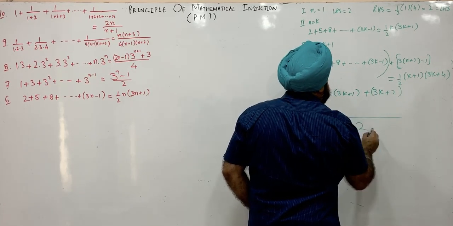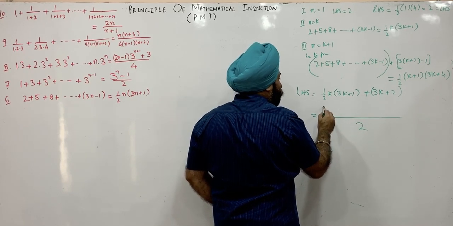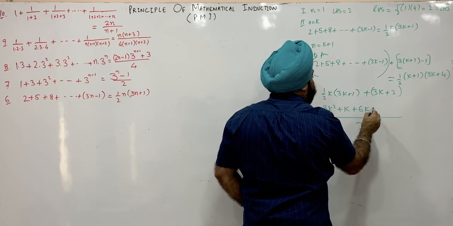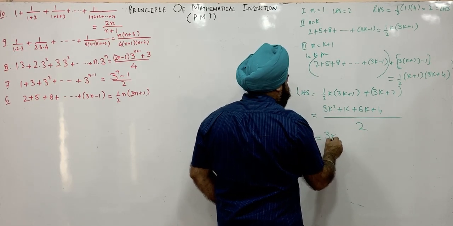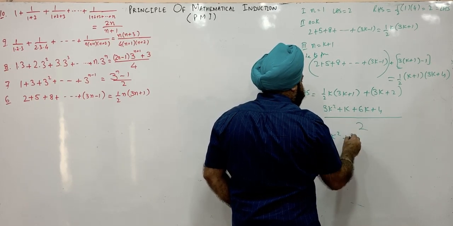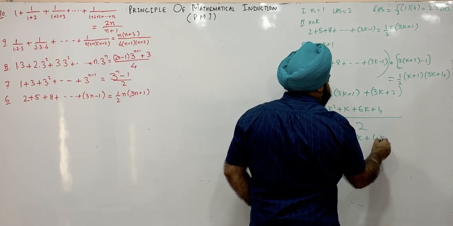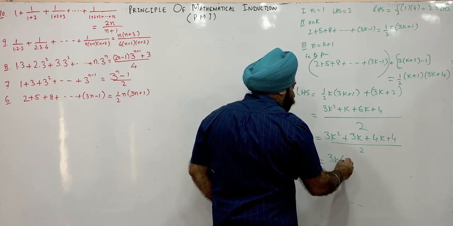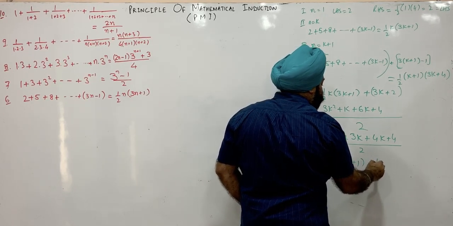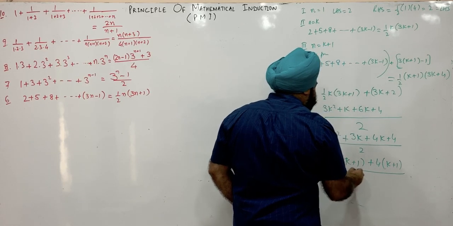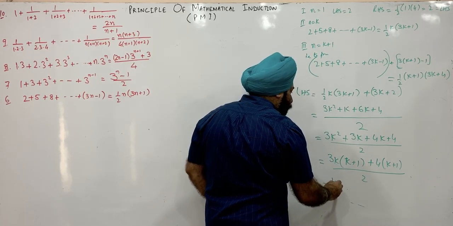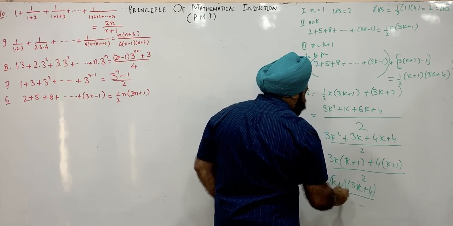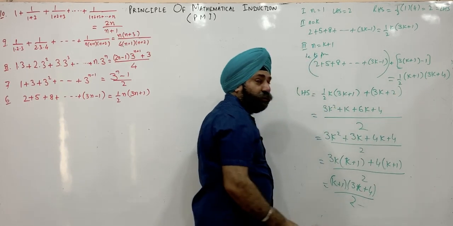Next we take LCM, we need 2 here, so this is 3k square plus k, plus 6k plus 4, that's 3k square plus 7k plus 4 upon 2. 7k is 3k plus 4k, taking 3k common, this is k plus 1, 4 common, k plus 1, then taking k plus 1 common, we have 3k plus 4 upon 2. This is what we wanted to prove.